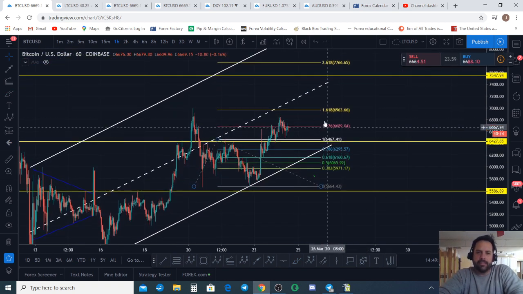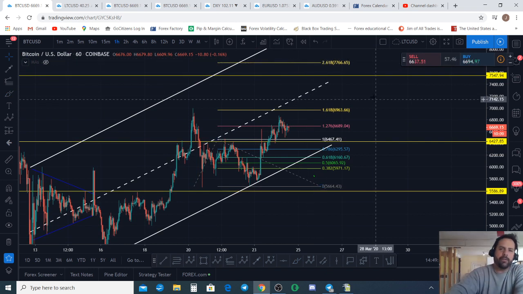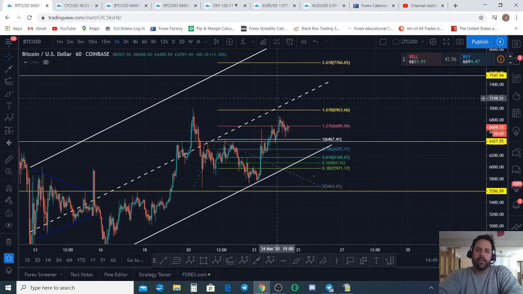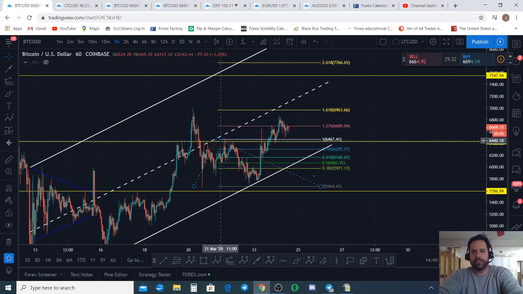If this continues to go up from here, remember, if it gets up here to the $7,800 range, here, let me put the fibs on there so I can show you.